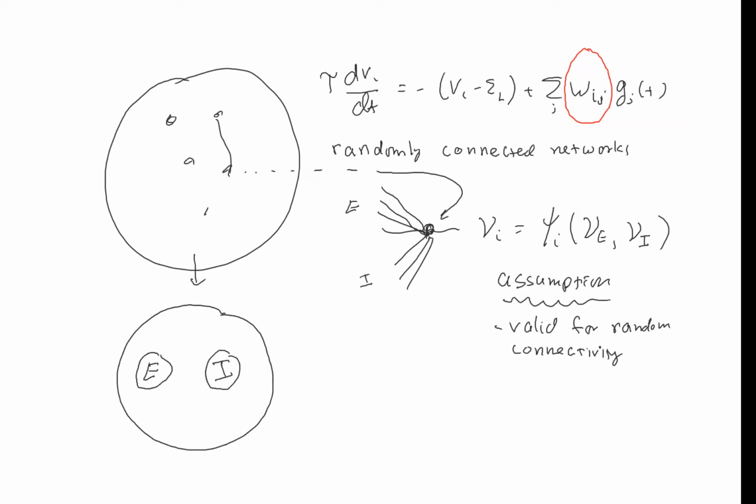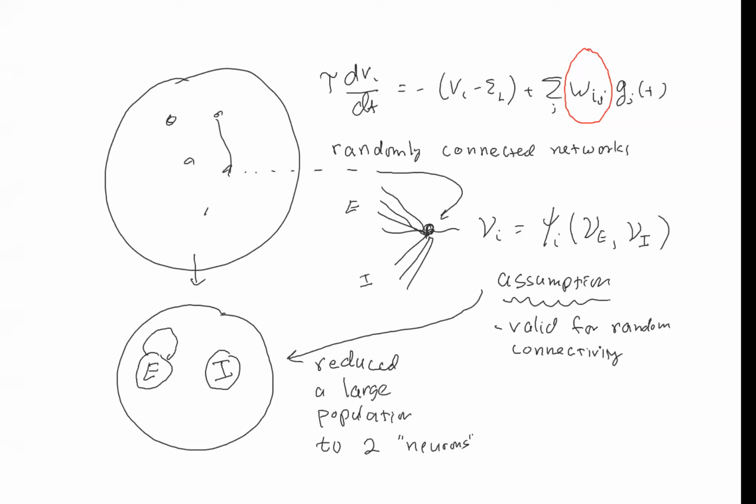We reduce a large population to basically 2 very large excitatory and inhibitory neurons, and they interact.